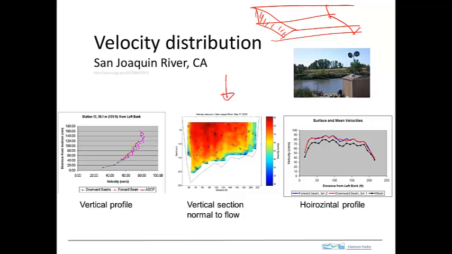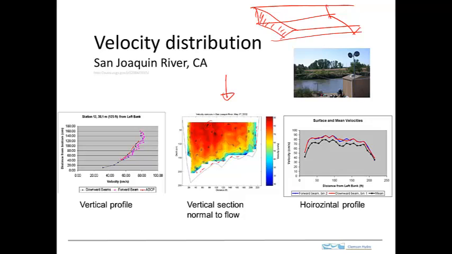And so the velocity is perpendicular to this surface. And the color is the velocity. This is done with a specialized flow meter, a Doppler flow meter that can measure with very high resolution. And so you can see that the maximum velocity is right about here, and the minimum velocity that's measured is down here on the bottom.